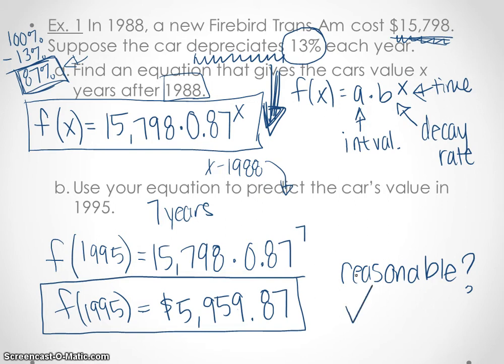That checks. We didn't get anything ridiculously low. If you got like $2, you might question that, but we didn't, so we can check mark that too. So I'd say it's reasonable. It's a little shockingly low, but 7 years is kind of a long time for a car. They don't last much longer than that. So I would say our answer is okay. It's fairly accurate.